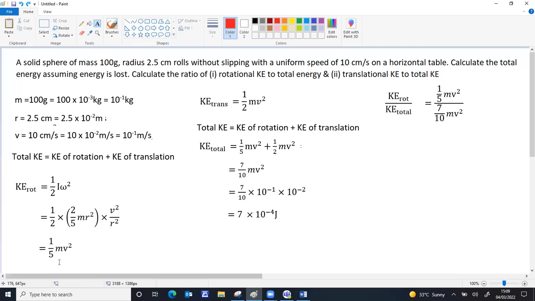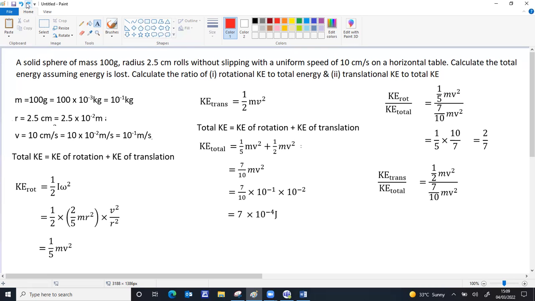So rotation 1 by 5, total 7 by 10 mv square. Cancel the terms, you get 1 by 5 upon 10 by 7, that will be 2 by 7. That's the ratio, rotational to the total. 2 out of 7 is rotation.